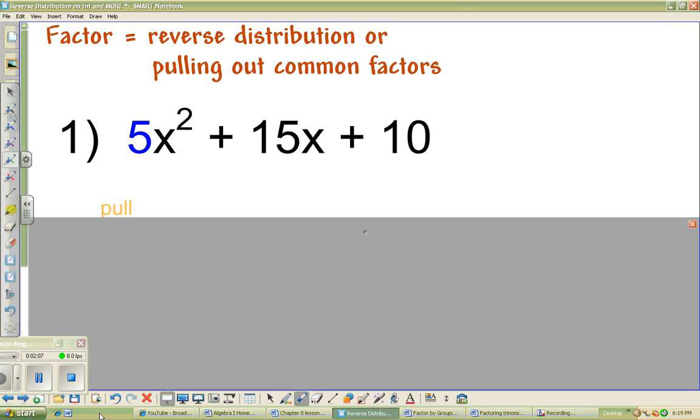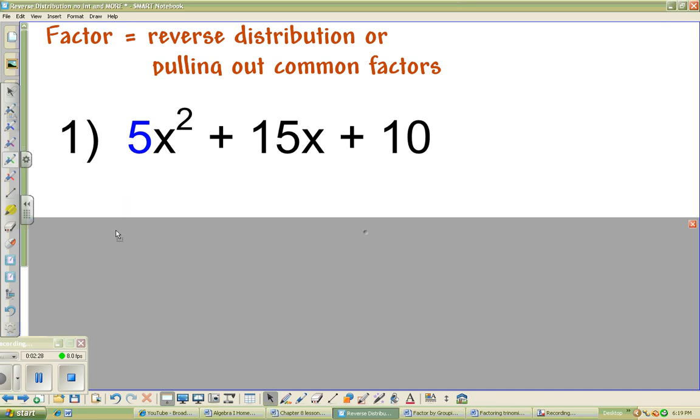Our first example, we have a common factor of 5 in all 3 terms. And so the first step in factoring anything is to pull out whatever is in common with all the terms involved. So we see that there is a multiple of 5 in each of these terms.